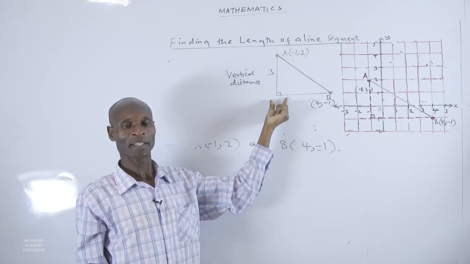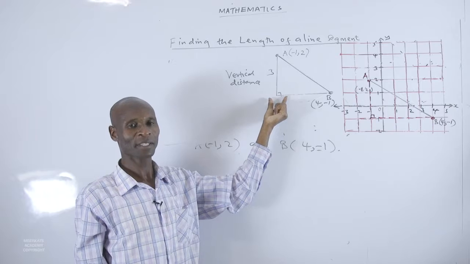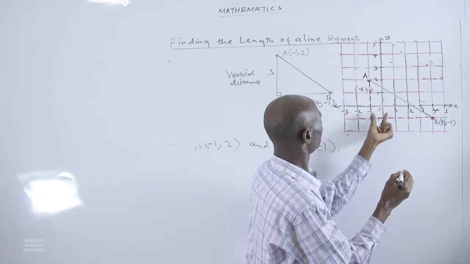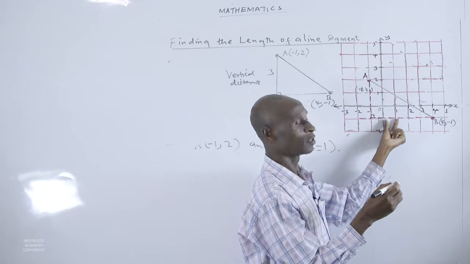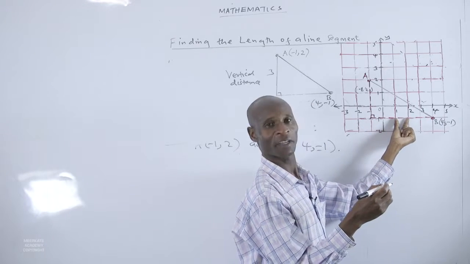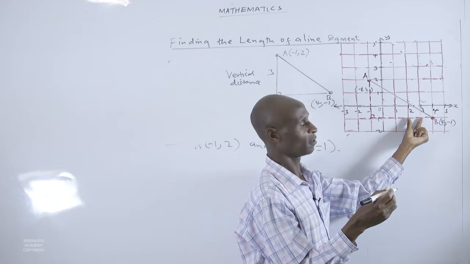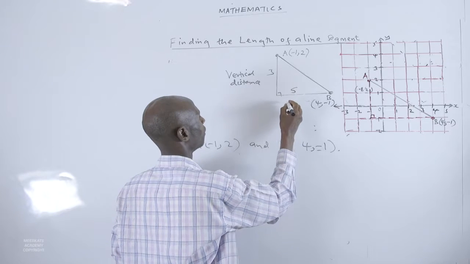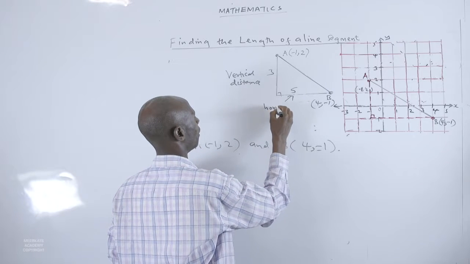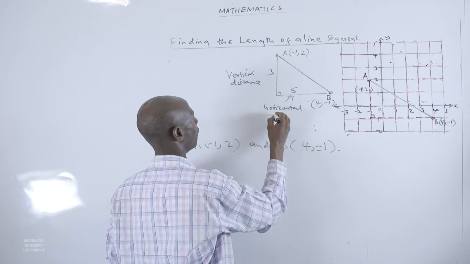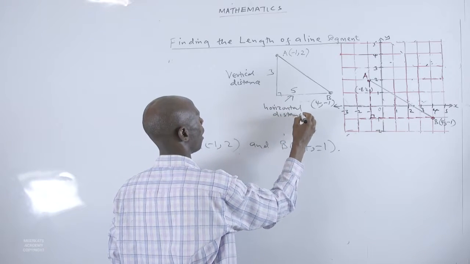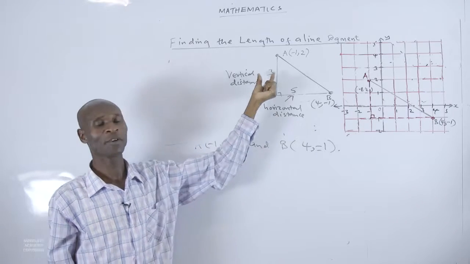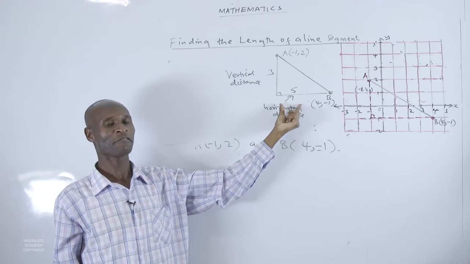We need also to calculate the units on the horizontal part, which will represent horizontal distance. We have 1, 2, 3, 4, 5. That is horizontal distance. So vertically we have 3 units, then horizontally we have 5 units.